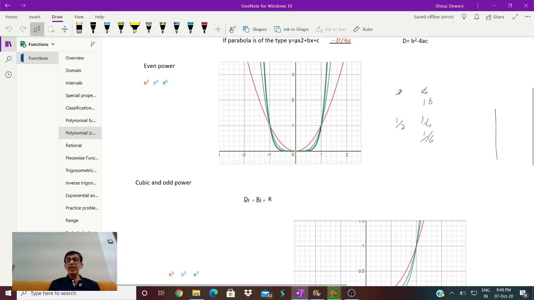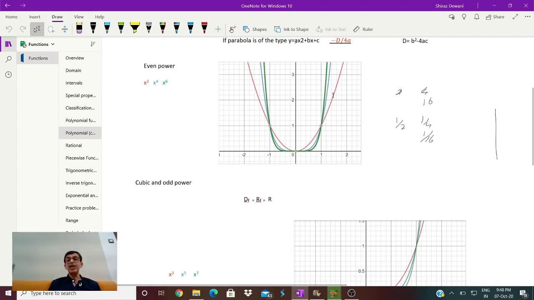Now a few more things that you have to observe in this graph: if x is more than 1, the graph of x square will be lower than the graph of x raised to the power 4, which will be lower than the graph of x raised to the power 6.